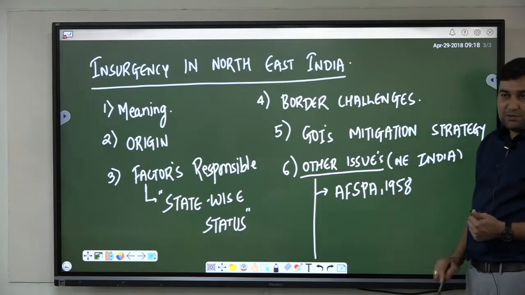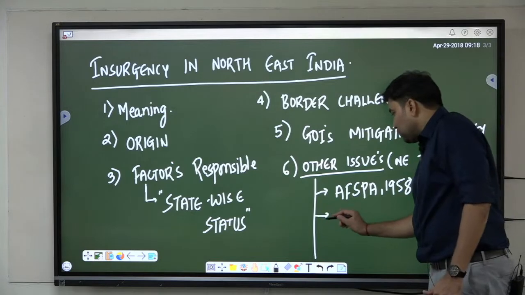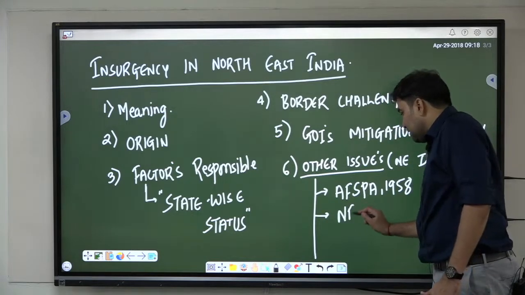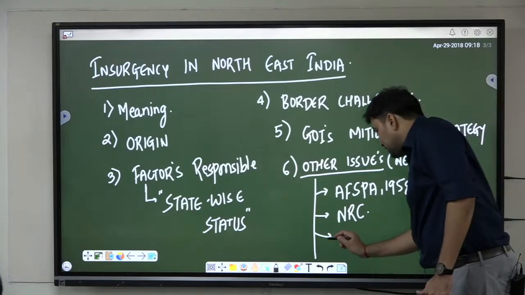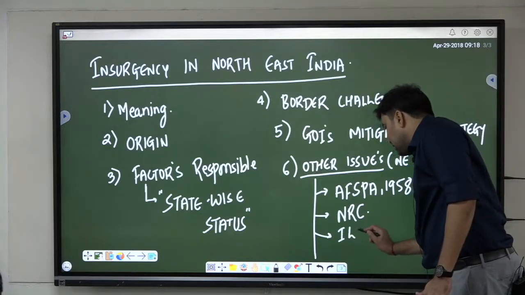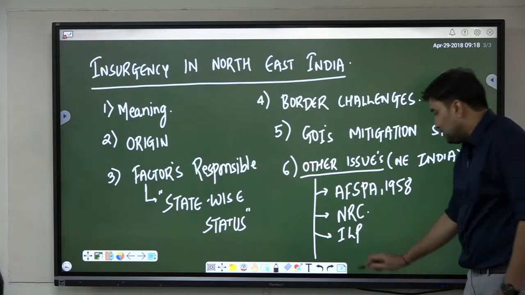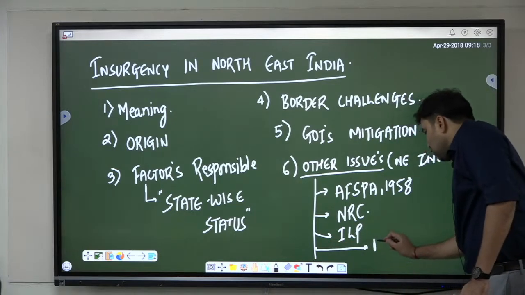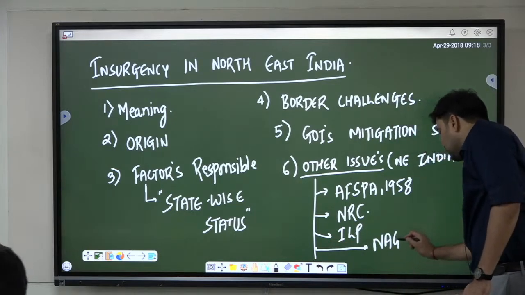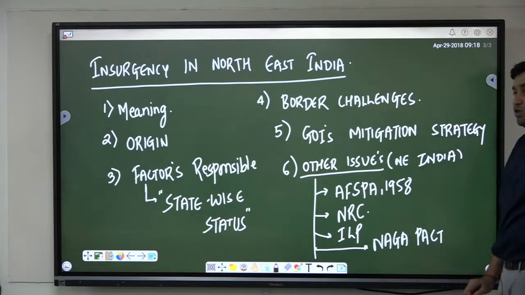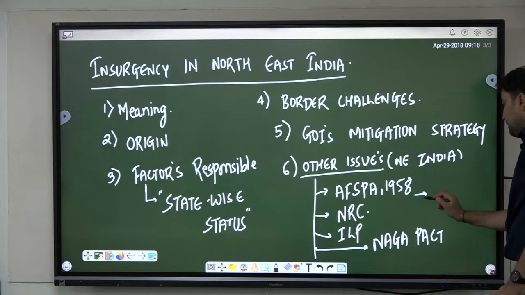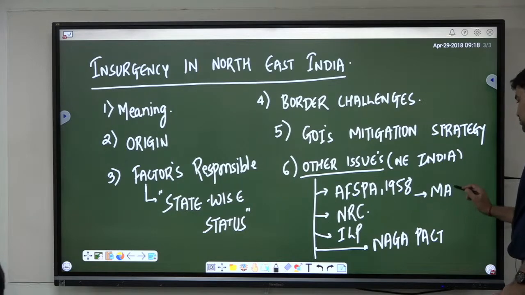This is a syllabus point. Secondly, we'll also understand the issue about National Register of Citizenship, NRC. We'll also understand the issue related to Inner Line Permit, right? We'll also understand what is this Naga Pact and how it was there. We'll also understand about Manipur violence.